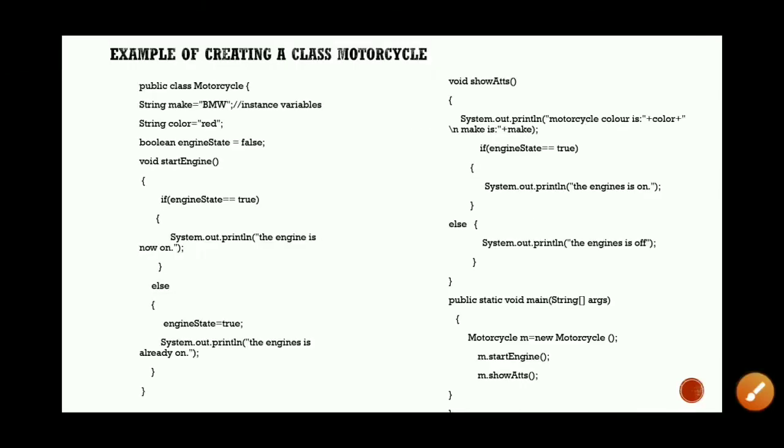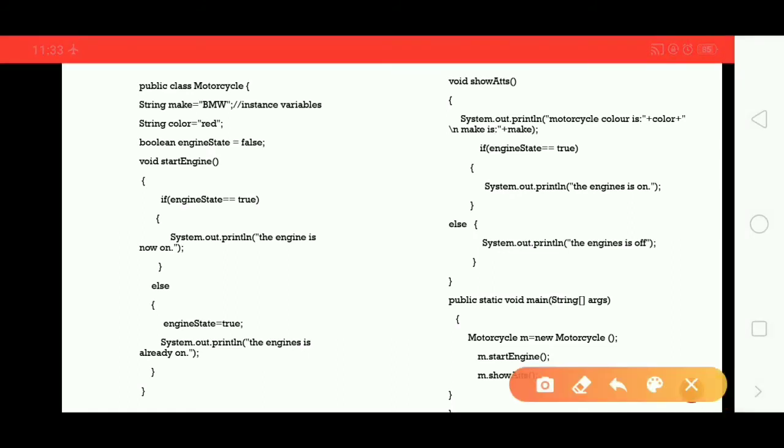This is the final example for creating a class motorcycle with instance variables and two methods. Motorcycle class, inside the motorcycle class I have these instance variables and two methods, void start engine and void show attributes. Two methods I am going to include in my motorcycle class.